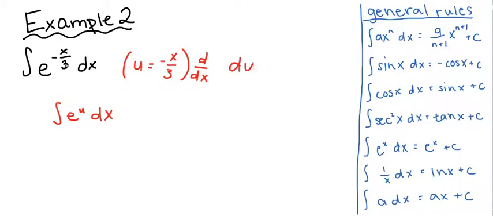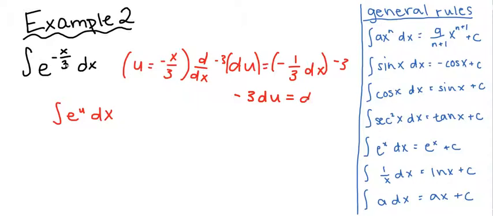You will get du equals negative 1/3 dx. Then you will multiply both sides by negative 3 to get dx by itself. You will get negative 3 du equals dx.